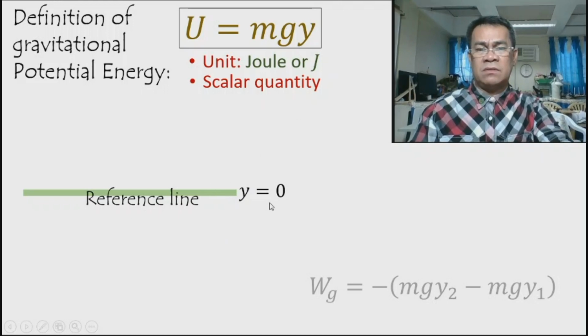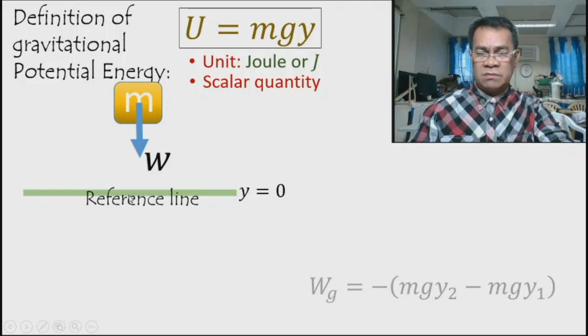So, the only way that we can have the height is to have the reference line. So, let us say this is a datum or a reference line. Now, we have this object whose mass is m. Take note, because of the mass, we have the weight. And weight is mg. So again, this particle will move downward. Why? Because the reference is below.